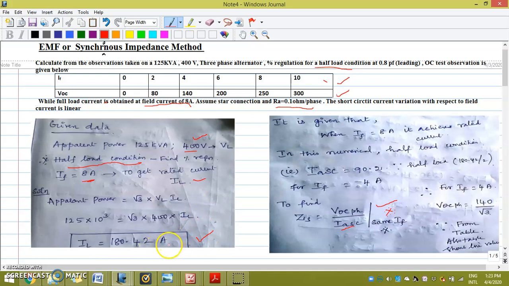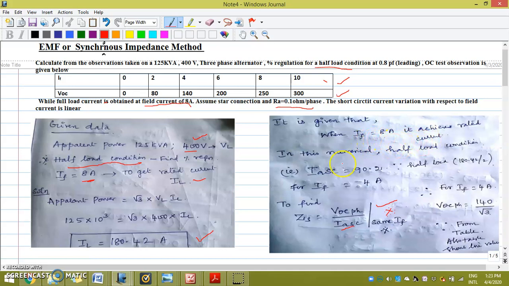So what is the rated current? It is the maximum current, right? Maximum rated current, under the field current of 8 amps. When you have 8 amps of field current, you achieve the rated short circuit current of 180.42, or the rated load current. Fine. So for 8 amps the rated current is achieved.